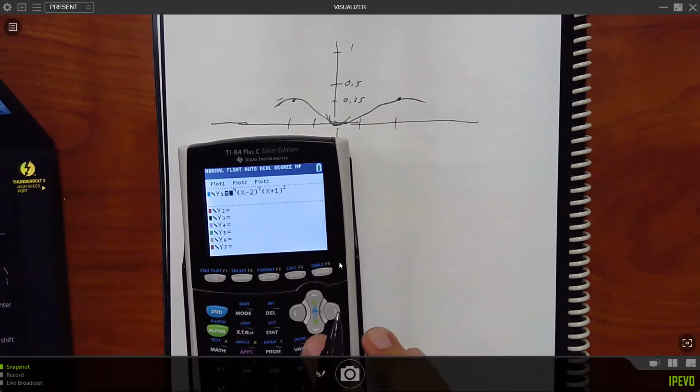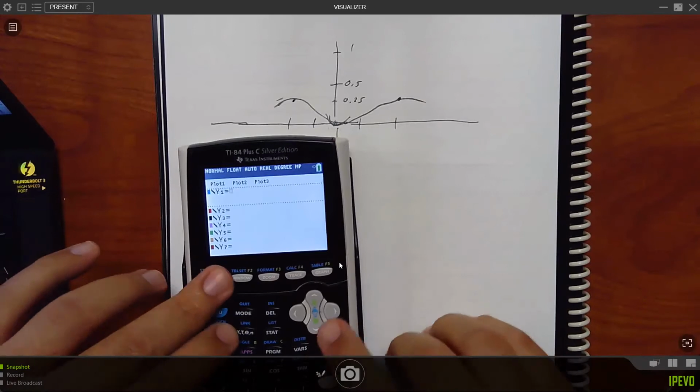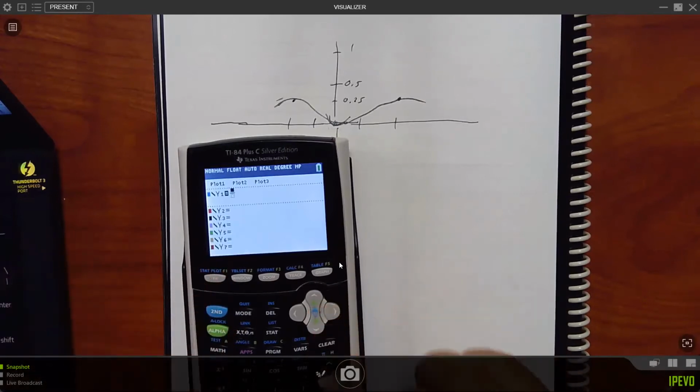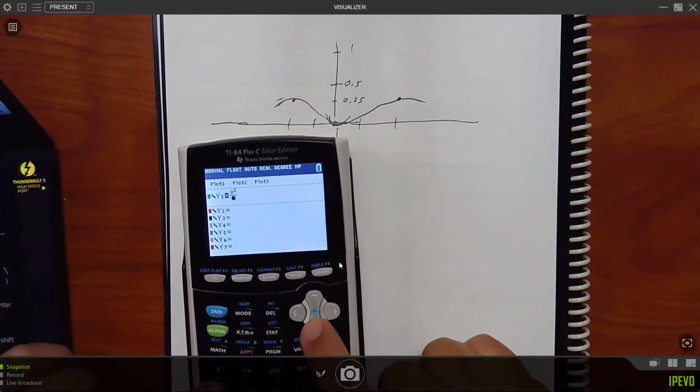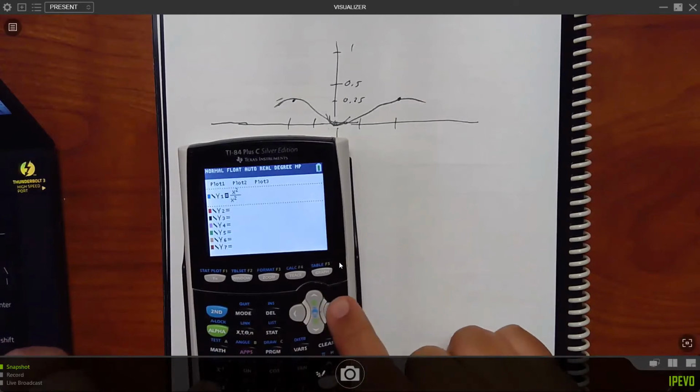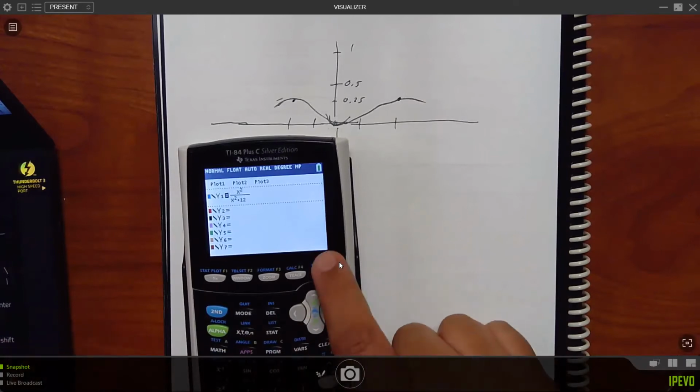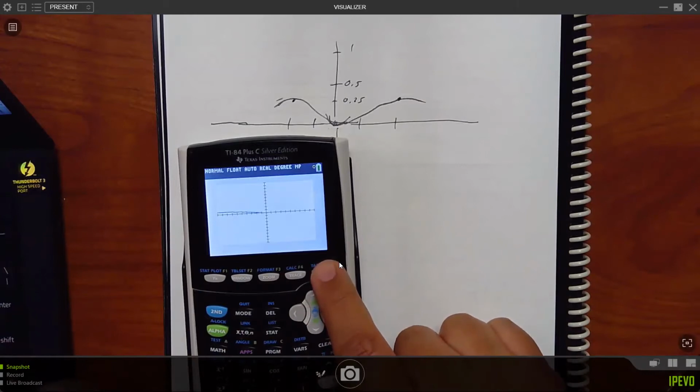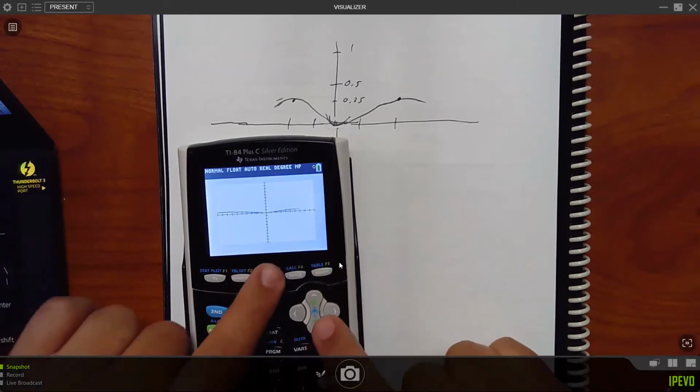We are to graph this guy, x squared over x squared plus 12. Yeah, it kind of looks like it. You zoom in a little more.